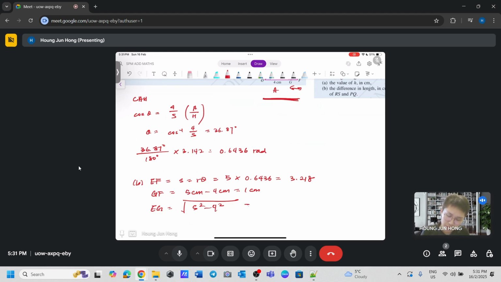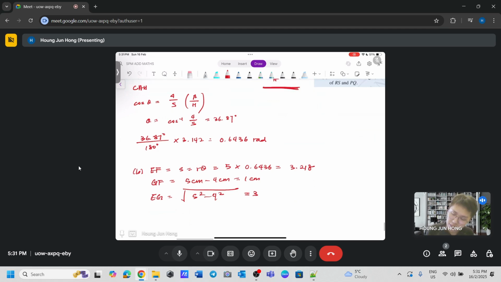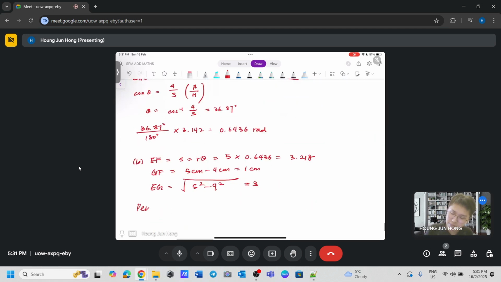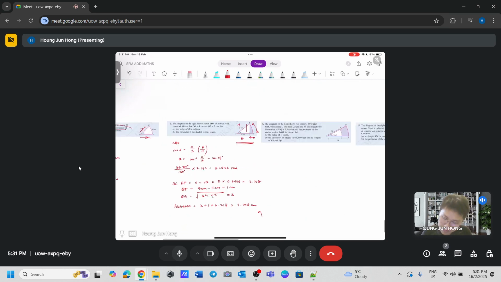So then put everything together. The perimeter would be 3 plus 1 plus 3.218, which is 7.218 cm. Okay, that's it. Next one.